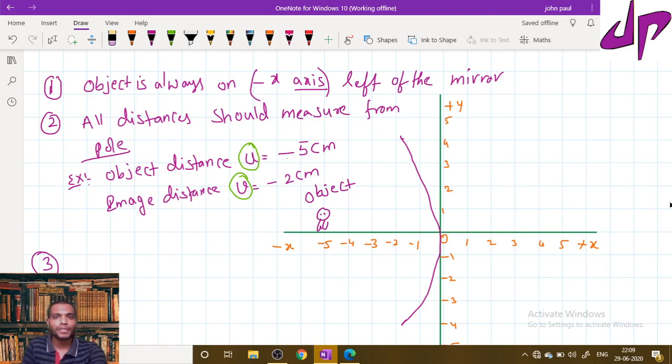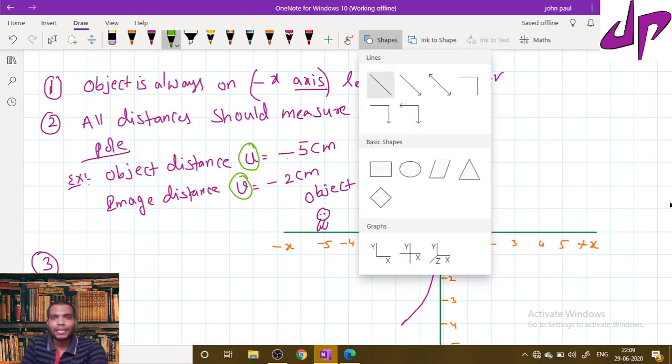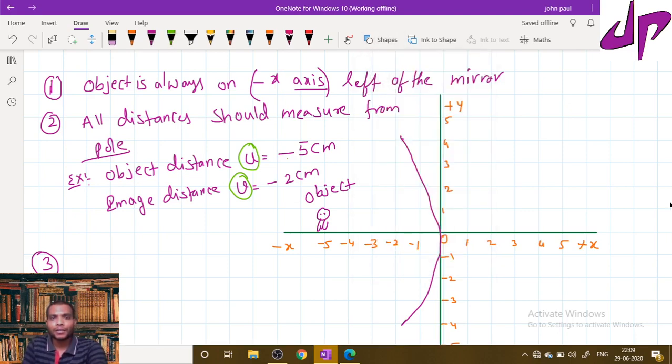Suppose in this case I want to measure the object height. Here you can see, if you draw a line from the top of the object, it is touching exactly 1 centimeter. Now what is the height of the object? The height of the object here is 1 centimeter.